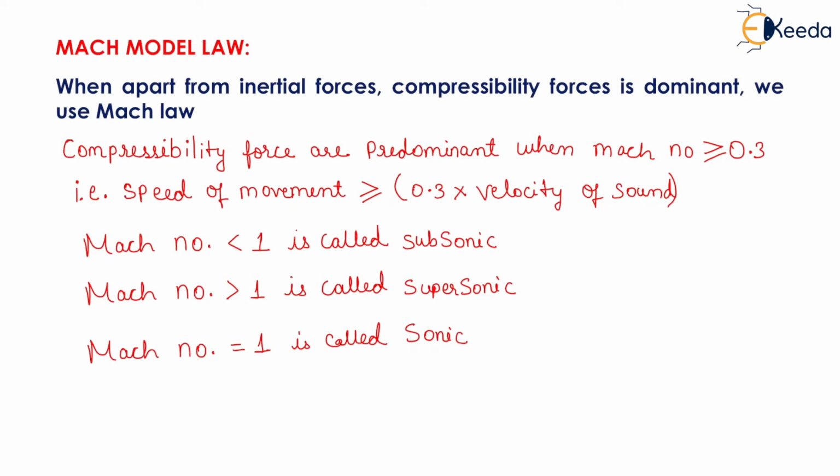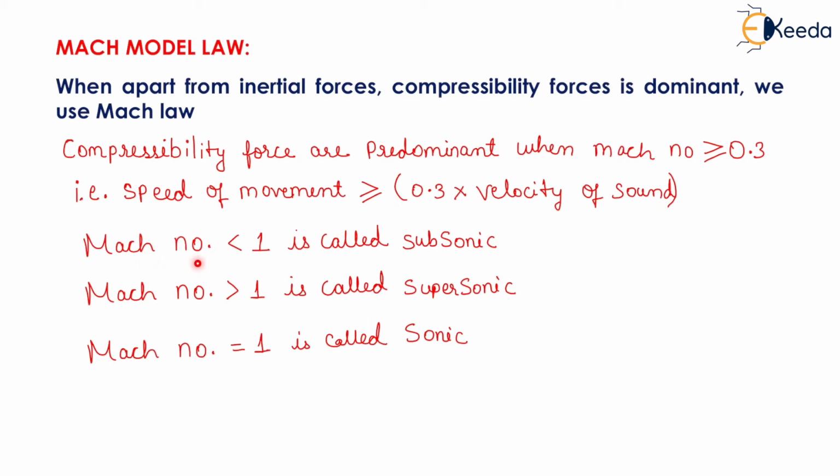Now next is the Mach model law. When, apart from inertia forces, compressibility forces are dominant, we use Mach law. Compressibility forces are predominant when Mach number is greater than or equal to 0.3, that is, speed of movement is greater than or equal to 0.3 times the velocity of sound.